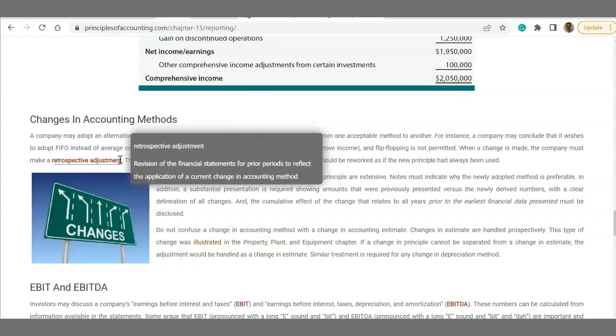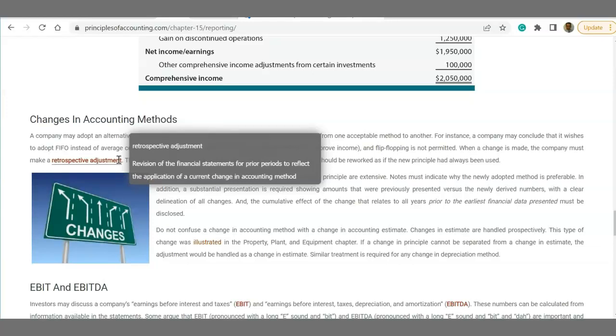But in that case, you might have to go retrospectively and do some adjustments, which is revision of financial statements for prior period to reflect the application of current changes in accounting methods. Because if your investors are comparing your last year financial data to this year financial data, you have to provide retrospective adjustments to the last year financial data.